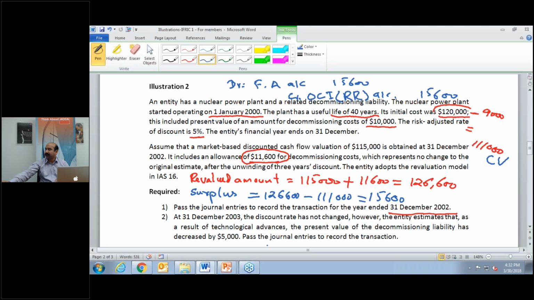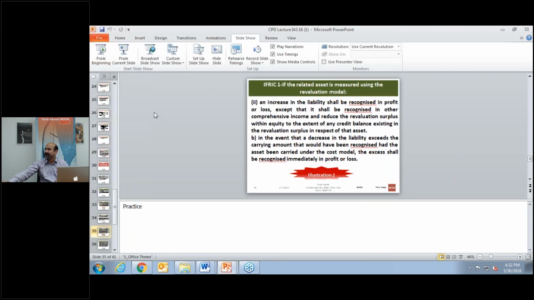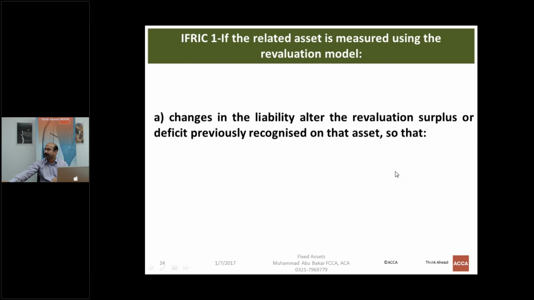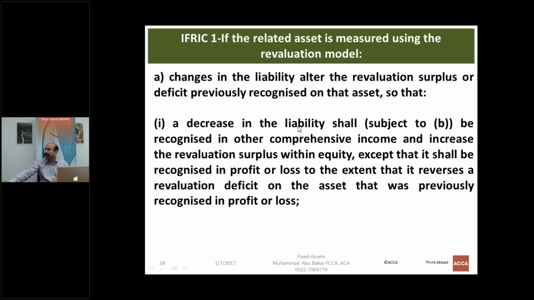Decommissioning liability has decreased, and they have already made the calculation for us. They are giving us the present value of the decrease, 5,000. When decommissioning liability is decreased, let's go back and see what the standard says. A decrease in liability shall be recognized in other comprehensive income and increase the revaluation surplus.